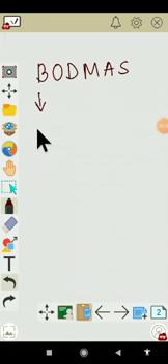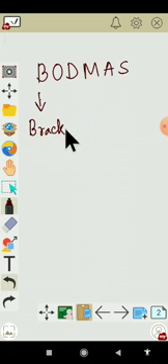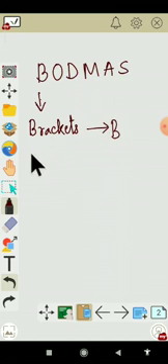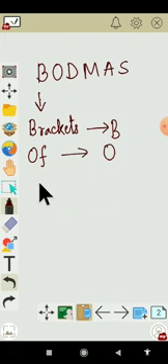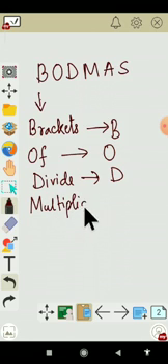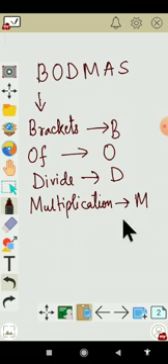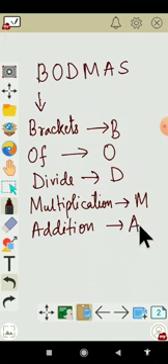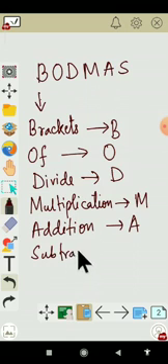B means brackets, O for of, D for divide, M for multiplication, A for addition, and S for subtraction. So these all are the meanings of BODMAS.